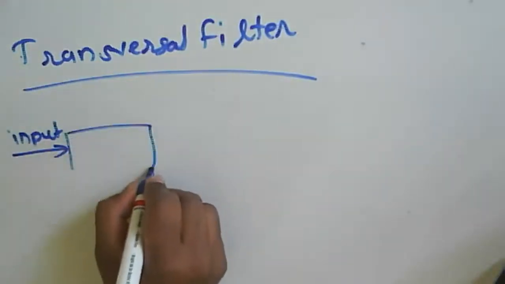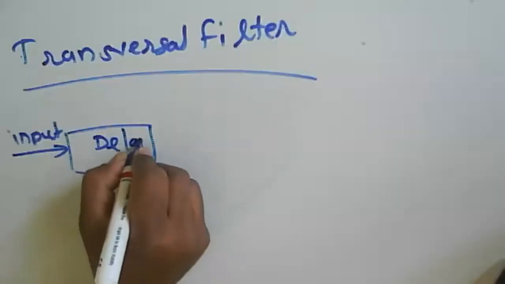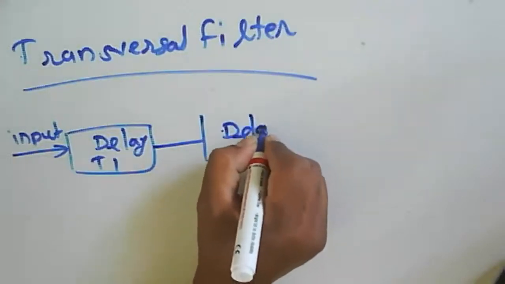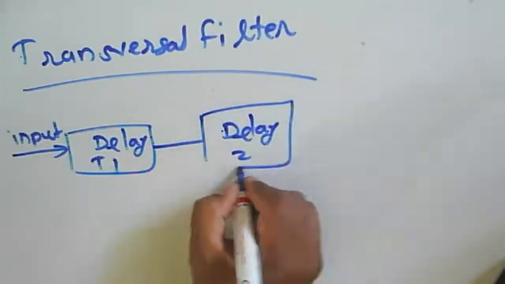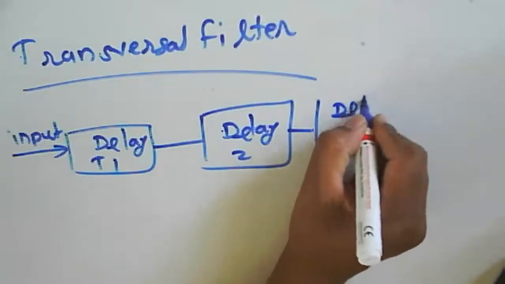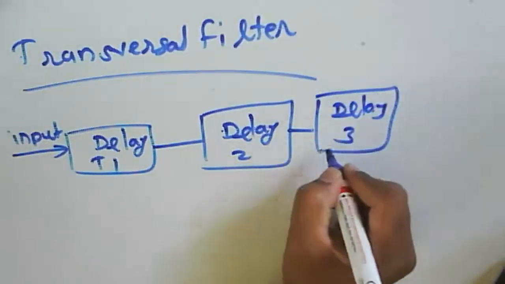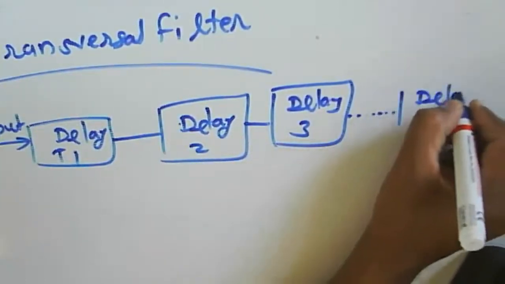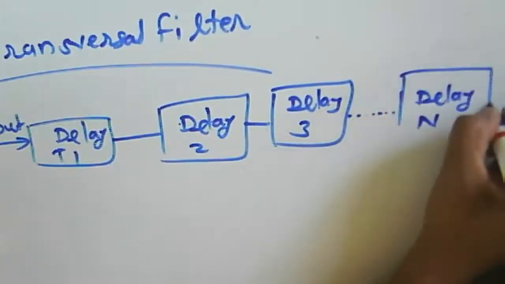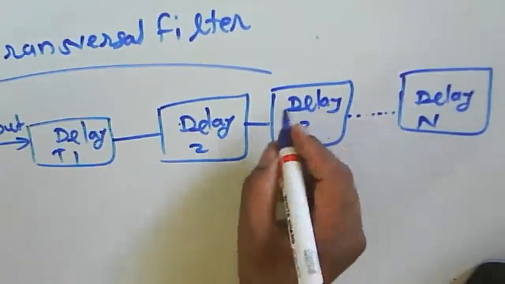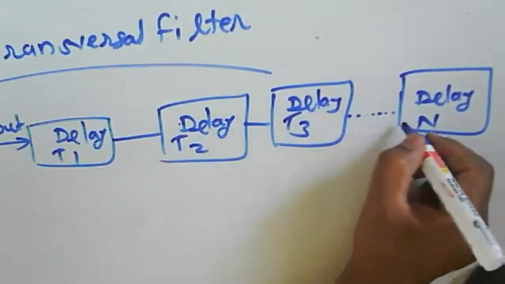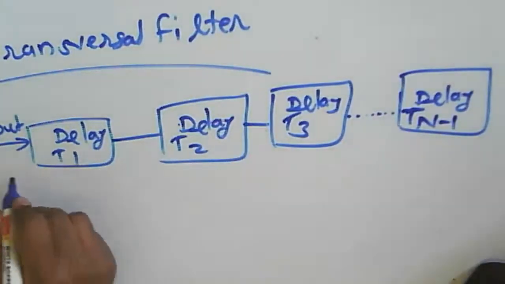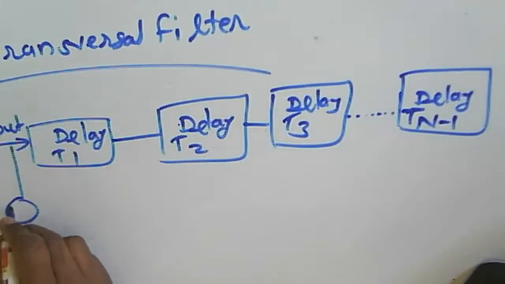Then we apply the delays: delay 1, delay 2, delay 3, up to delay n, that is T1, T2, T3, up to Tn minus 1. For each and every delay, we apply a given weight.